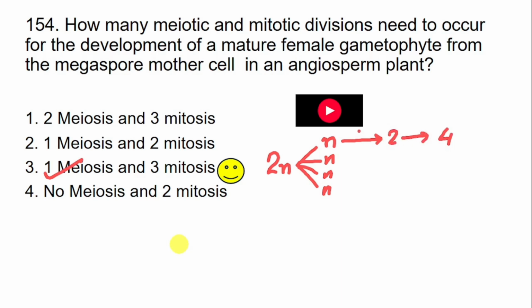So this is the first mitosis, this is the second mitosis, and this is the third mitosis. It will form 8 nuclei, and out of 8, 7 cells will be produced, with 1 cell having 2 nuclei. So this is the right answer of this question, option 3.